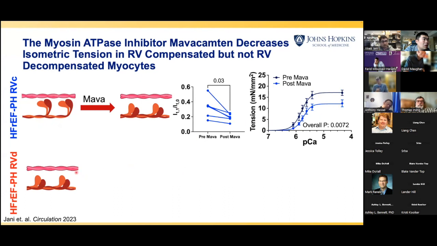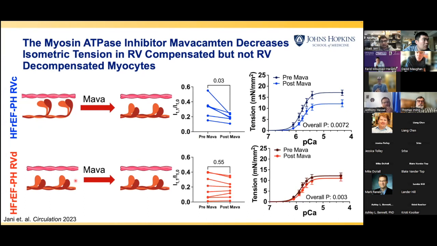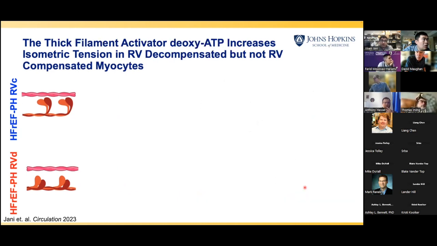But in the patients with already excess super relaxed or too little disordered relaxed myosin, we didn't really see much of a response with mavacamten, as demonstrated on the right by the not significantly different change in equatorial intensity ratio and the not significantly different change in force, though there is a significant right shift that we observed.